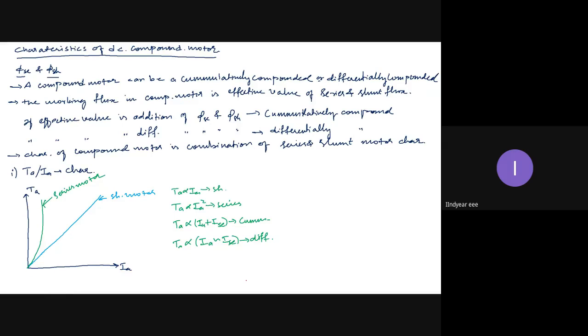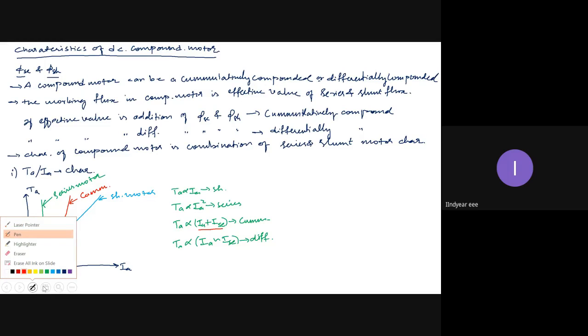So here I will draw in a cumulative compound. Observe, in a cumulative compound, the torque is proportional to addition of two currents. Therefore, it will be more than shunt, but less than series. It will be somewhere like this. So this is cumulative. Then in differential, it will be less than shunt because in shunt it is proportional to IA.